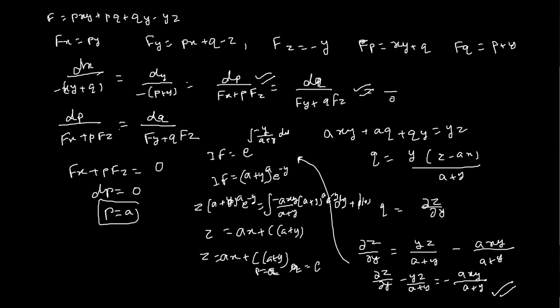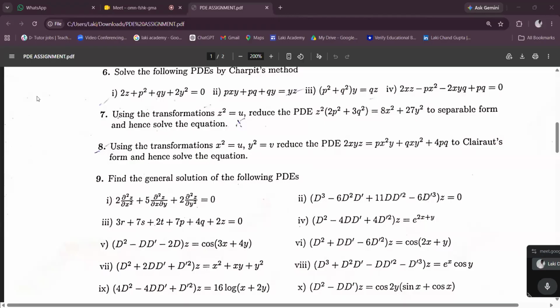Understood? Then final result of z will be ax plus c upon a plus y. This is your answer. These remaining two questions you will try at home. If you do not get, I will tell you.